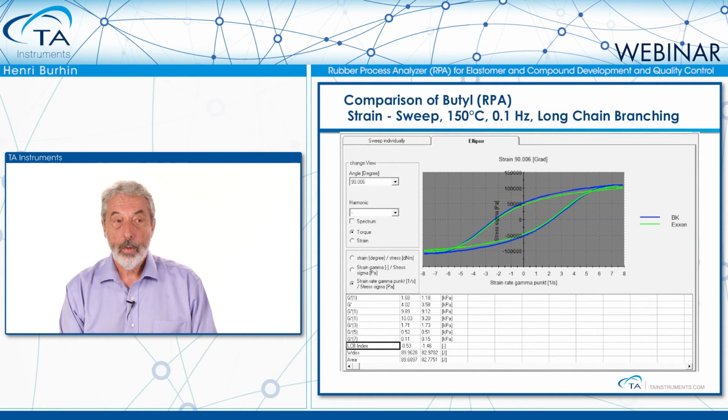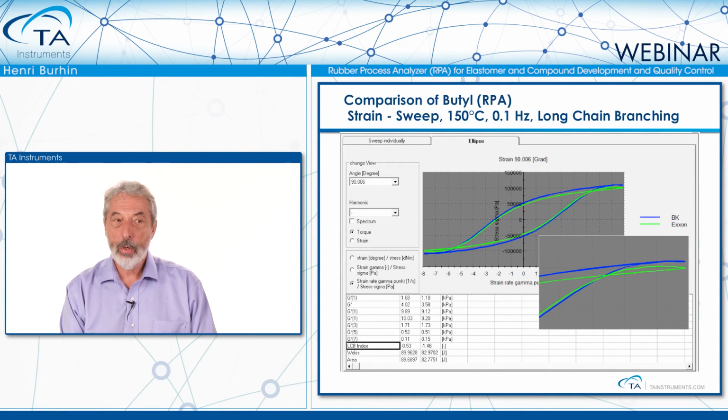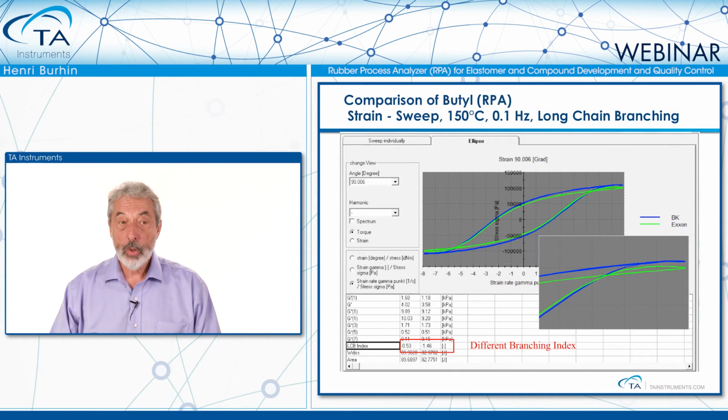So running the LAOS test, we can see here that one has a very large secondary loop, meaning really linear, and the other one is just losing the secondary loop. If we look at the LCB index, we have some difference, although the Russian one is still slightly negative.